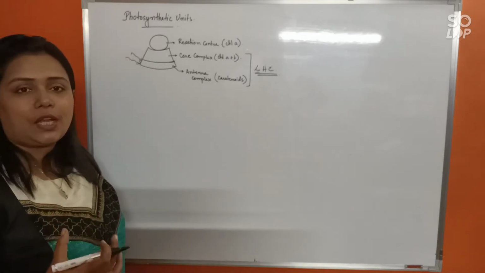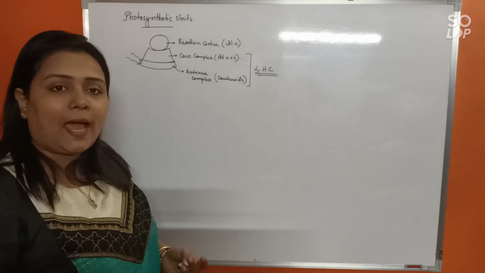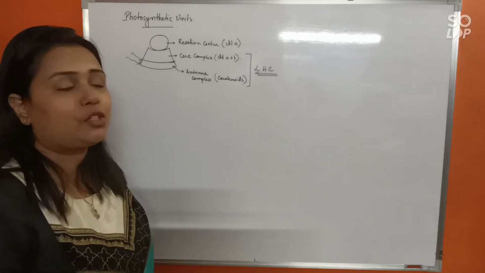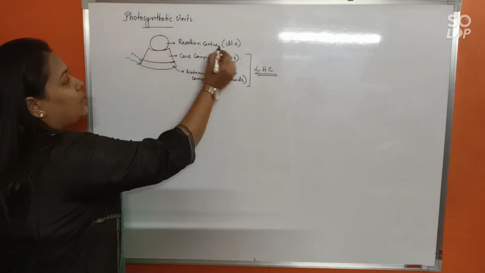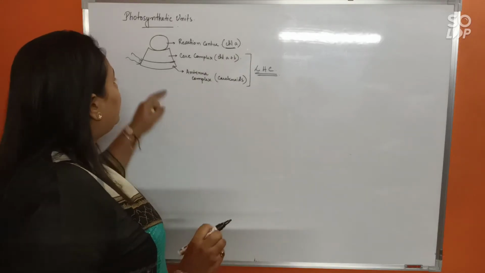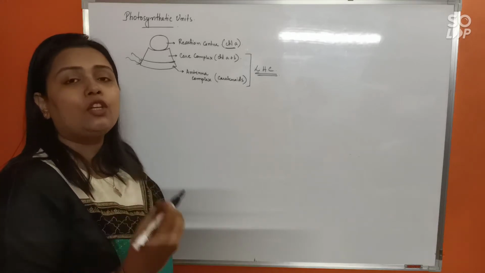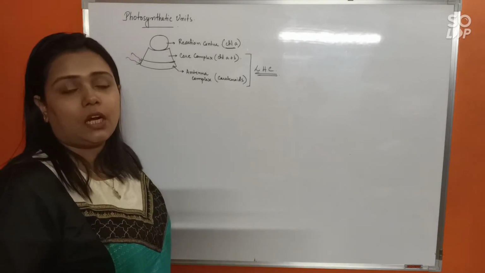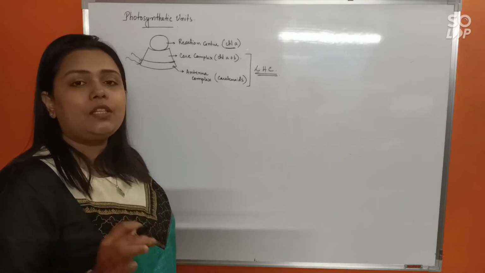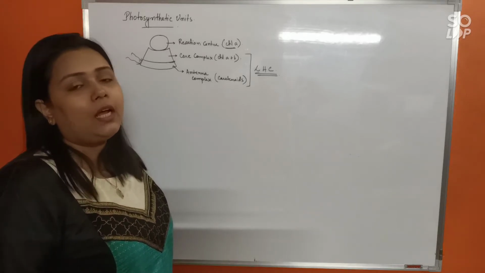Finally, the reaction center, on receiving so much energy, will get excited and it will be the one that will participate in the process of light reaction. So it is this reaction center chlorophyll A that will actually participate in the light reaction. The rest of the pigments will simply allow all the energy to be transferred to the reaction center so that it gets excited. Understood this? So the reaction center chlorophyll A will finally be participating in the process of light reaction.